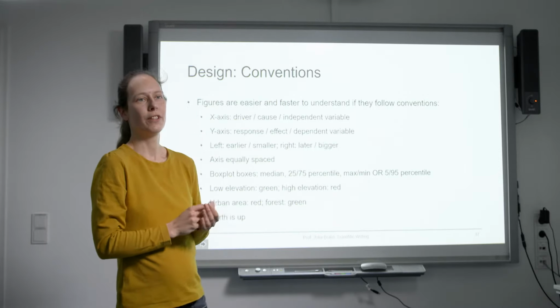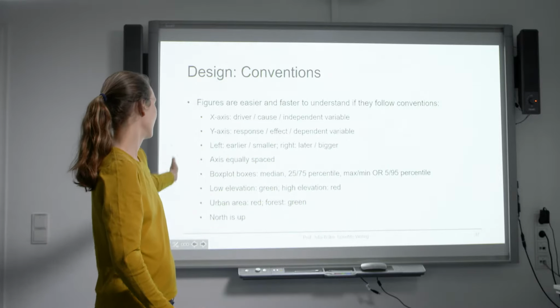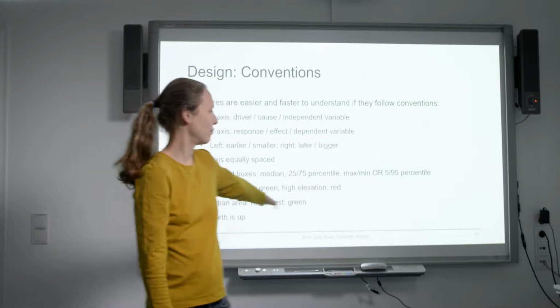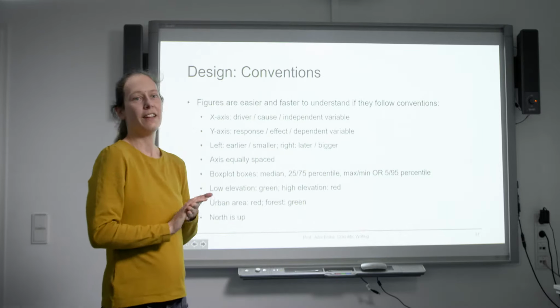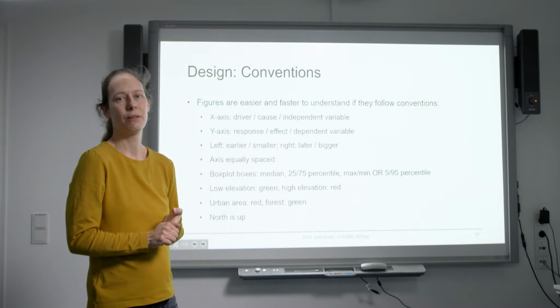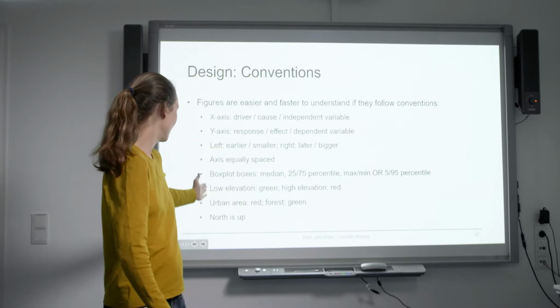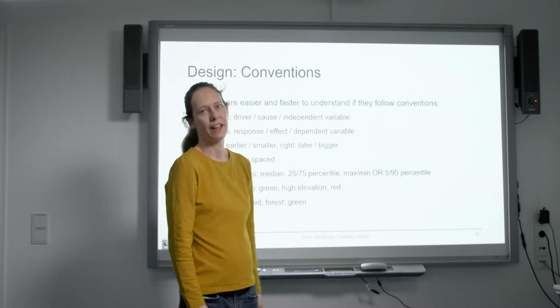Then also usually with the x-axis, on the left side it's earlier or smaller, while it gets bigger or later in time towards the right. And it's very important that x values, if they are numerical, are equally spaced. So please, if you have 1, 2, 3, here it needs to be 4 and not 10.